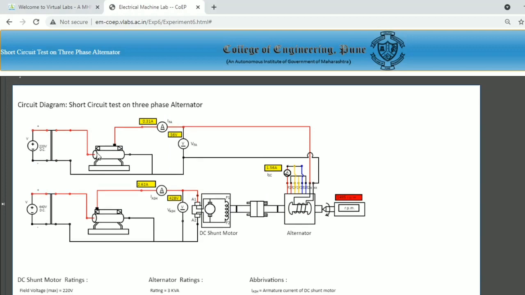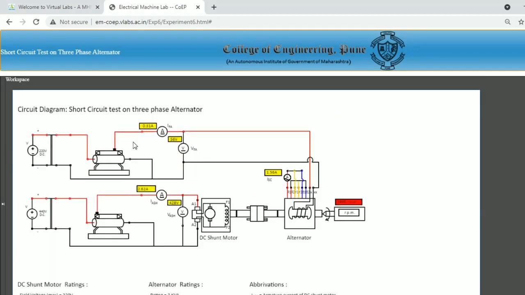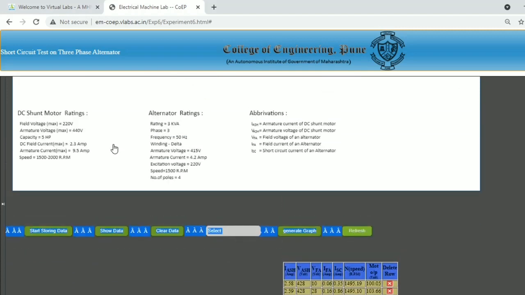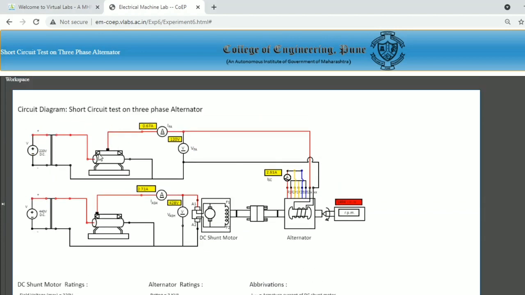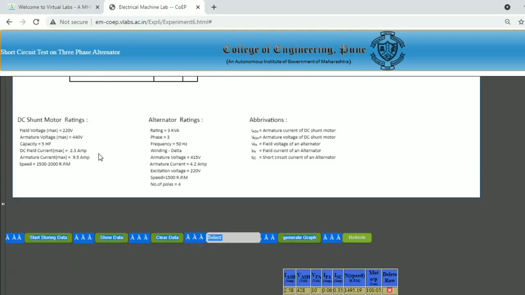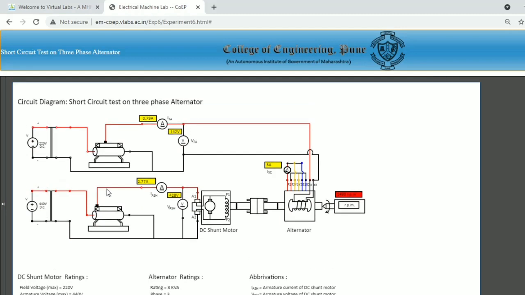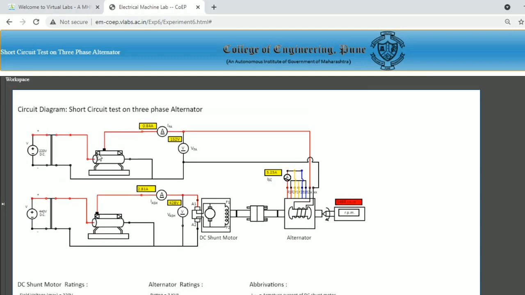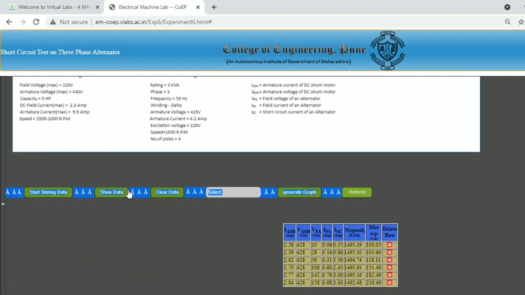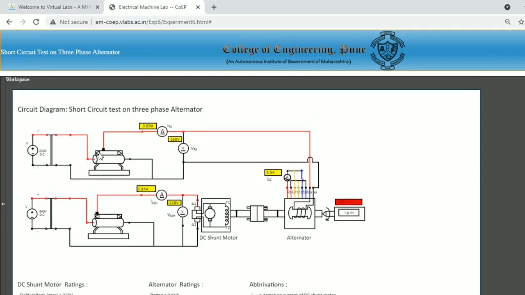Yeah, it reaches 2 ampere. In the SC test, one reading is enough for us to calculate the synchronous impedance, but for the SC characteristic, I am storing multiple values.